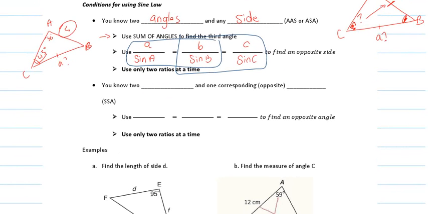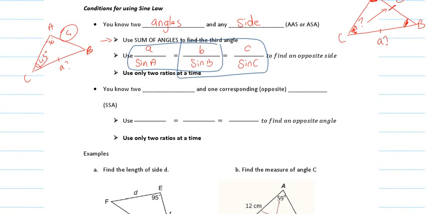Now, this is a case where I have 2 angles and 1 side. The other case is if I have 2 sides and it has to be the opposite angle to one of these sides. I have to know the opposite angle, otherwise it won't work. Okay? So if you know 2 sides and 1 corresponding or opposite angle.